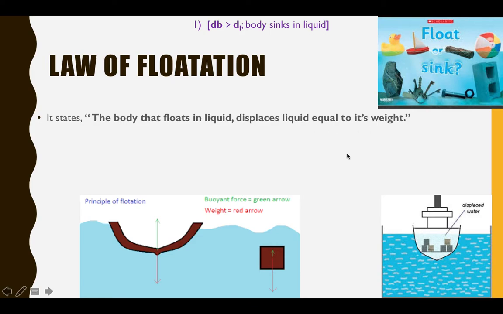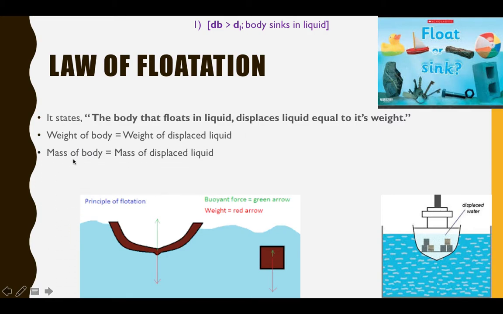The same condition applies to a ship. The ship is designed in such a way that it can displace liquid equal to its weight, and because of that it can float in the liquid. So the condition is the weight of the body must be equal to the weight of the displaced liquid if that body has to float in that liquid, or you can also say the mass of the body must be equal to the mass of the displaced liquid.